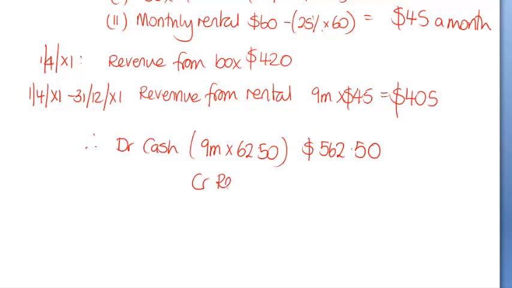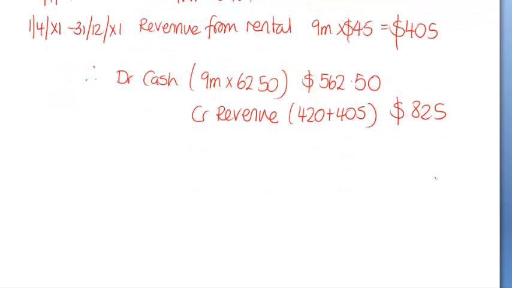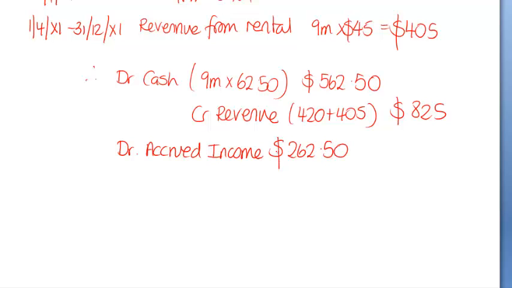I'm going to credit revenue 420 plus 405. So I'm going to credit revenue 825 and accrued income with the balance of 262.50.